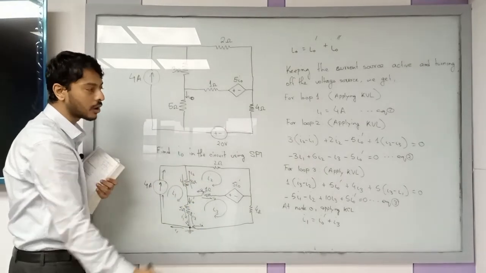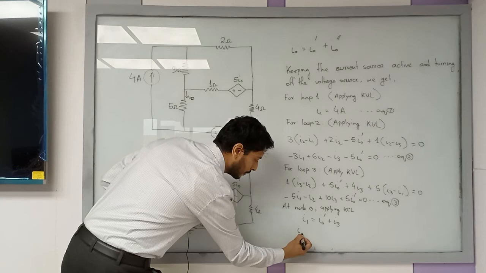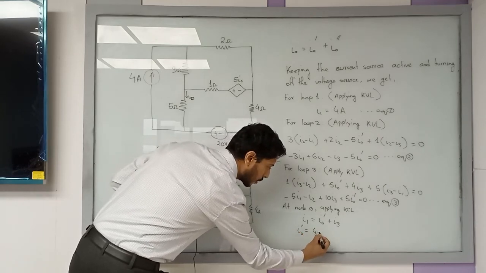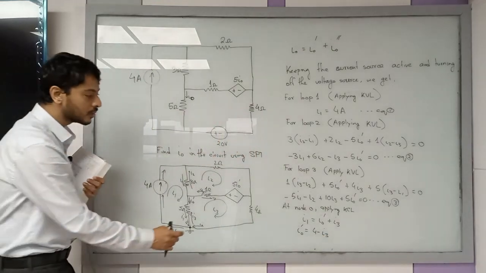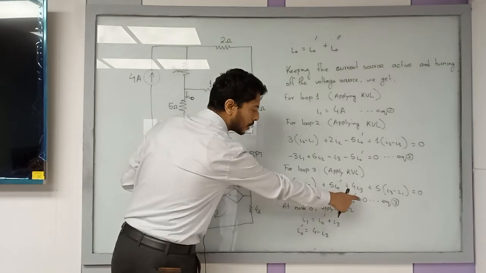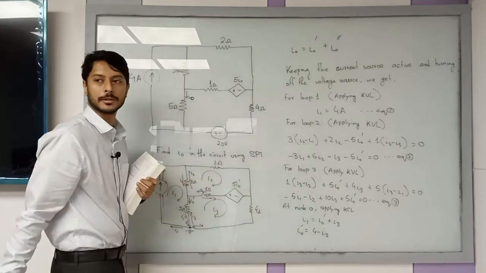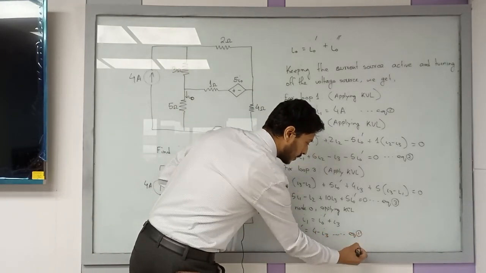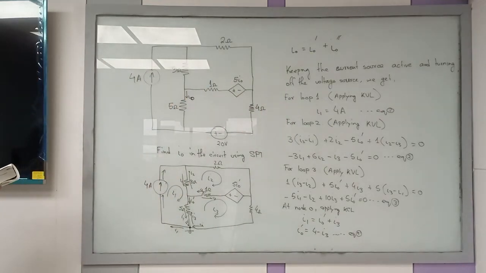I1 you already know is 4 ampere, so I naught prime is equal to 4 minus I3. This is equation 4. Now you can replace this term in equation 3 and equation 2 by equation 4.